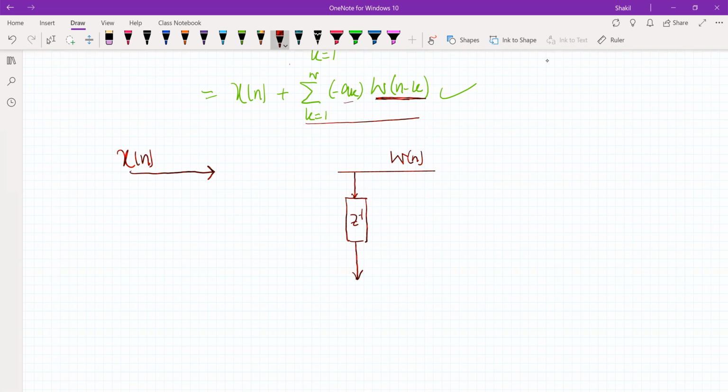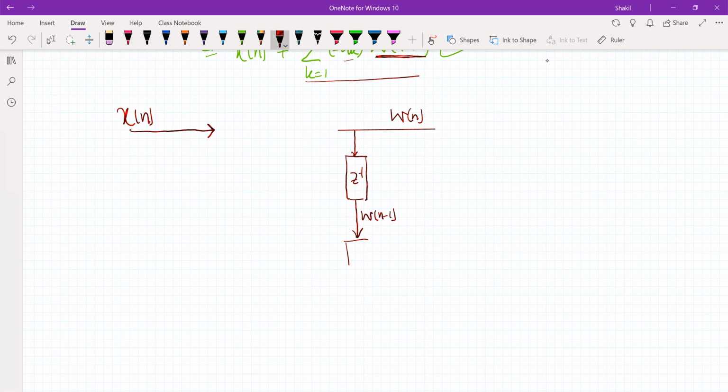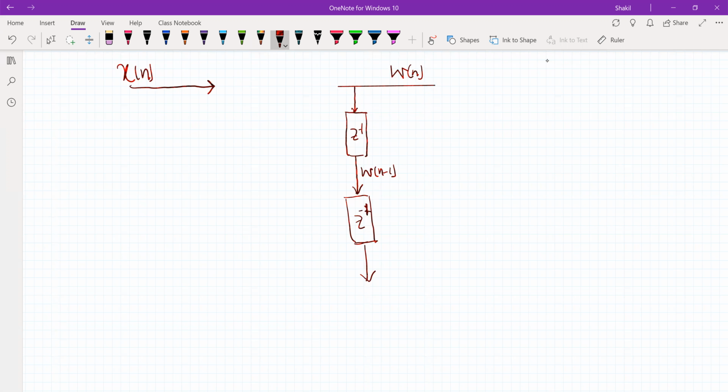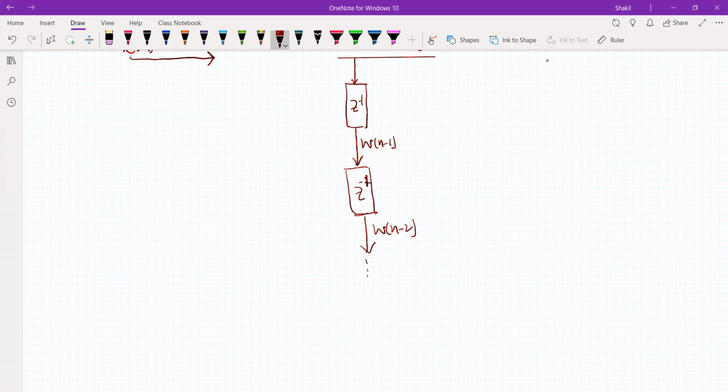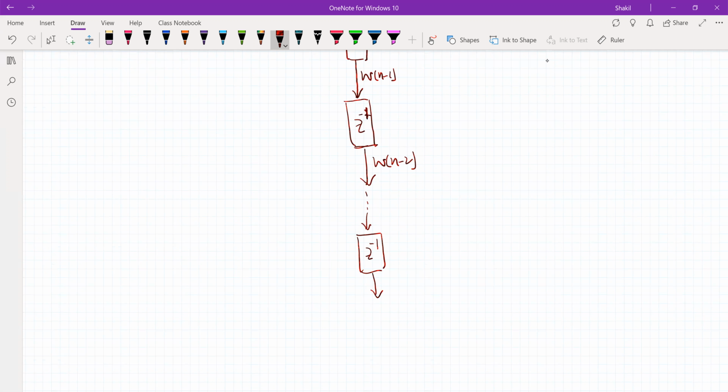This will be Wn minus 1. Then we again delay, and this will give us Wn minus 2, and so on. Finally this will give us Wn minus N, so this is the Nth delay element.